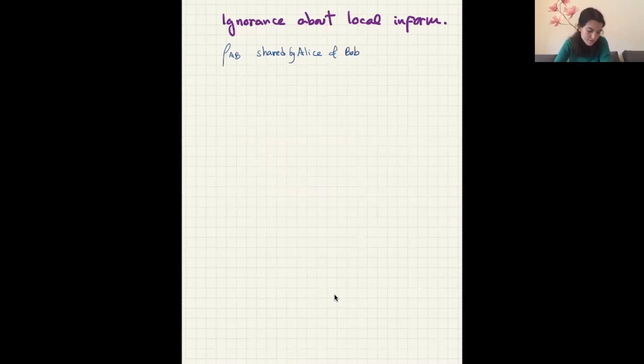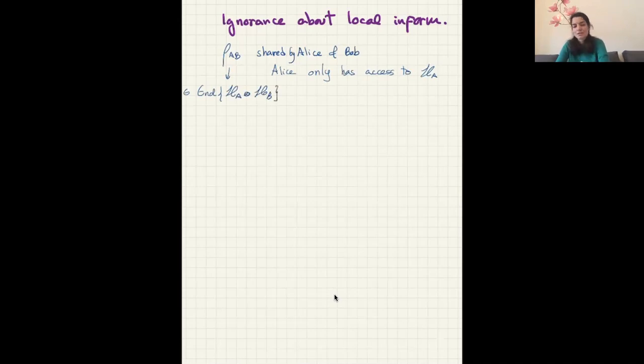And Alice only has access to A. Remember, the way we say is that this belongs to endomorphisms on HA tensor HB.